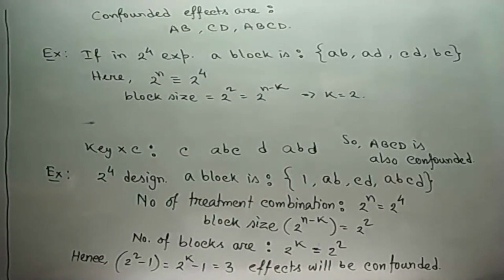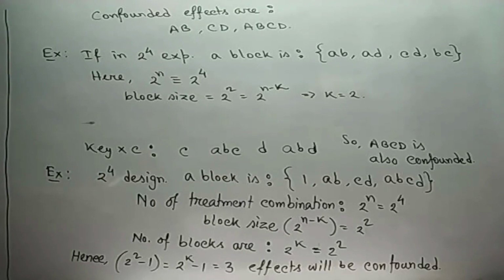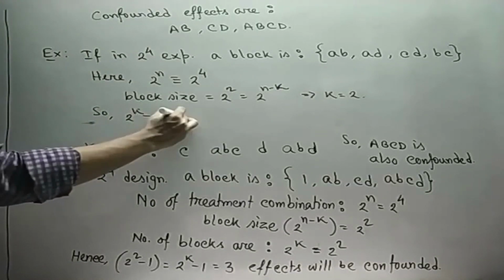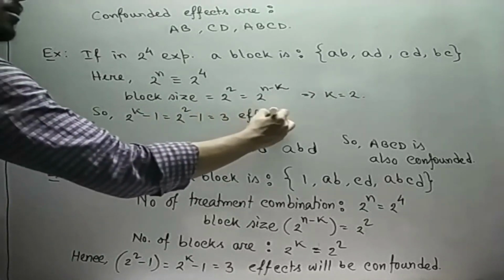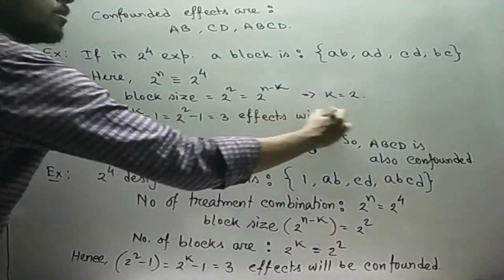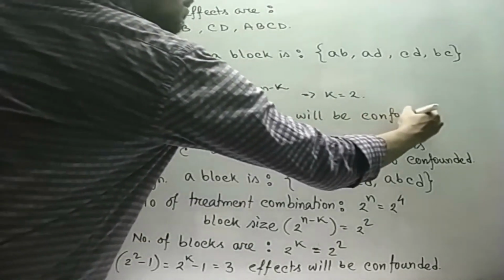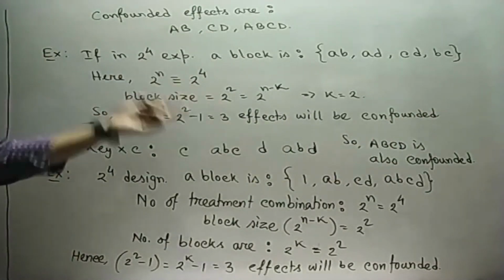Now if k is 2, obviously 3 effects will be confounded. So 2 to the power k minus 1, which is 2 square minus 1, 3 effects will be confounded.